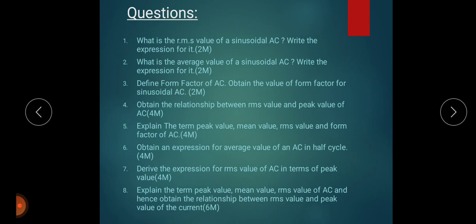It may be asked for 4 marks. Next, derive the expression for the RMS value of an alternating current in terms of the peak value. Then the next, explain the terms peak value, mean value, RMS value of an alternating current, and hence obtain the relationship between the RMS value and peak value of the current. It may be asked for 6 marks.